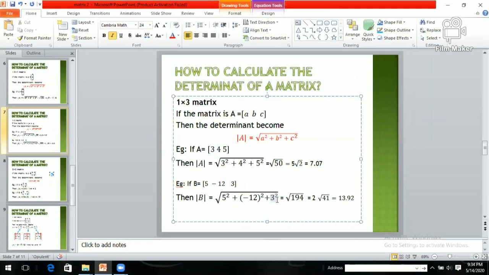Then you can say that 5 squared is 25. Then 12 squared is 144. Then 3 squared is 9. Then what would be that answer? 25 plus 144 plus 9 is 178. What is the square root of 178?